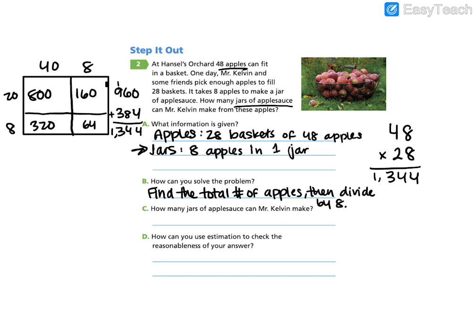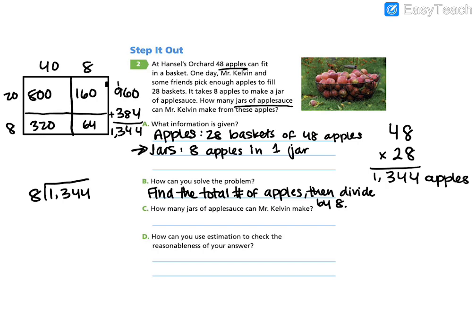I used an area model to solve. The answer I got was 1,344 apples. Okay, so that is a lot of apples. We now need to divide that number of apples by 8 to find how many jars we could make. Go ahead and solve.